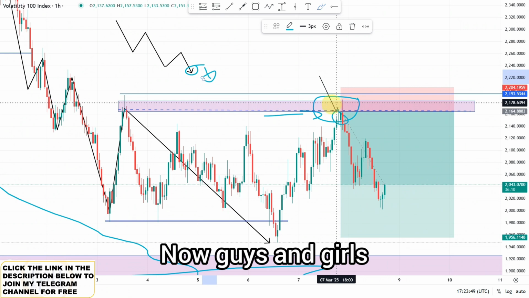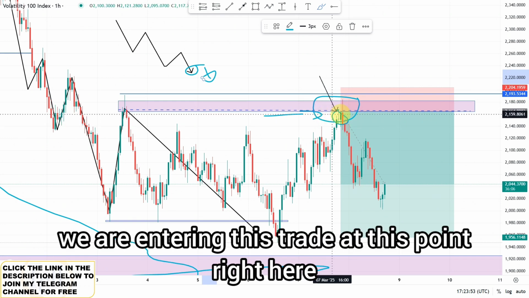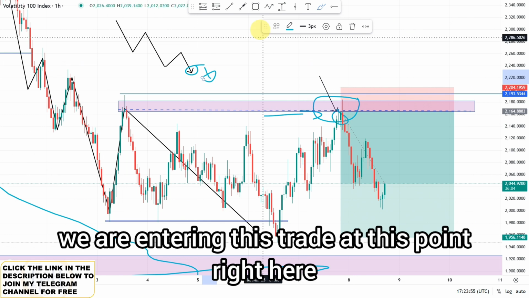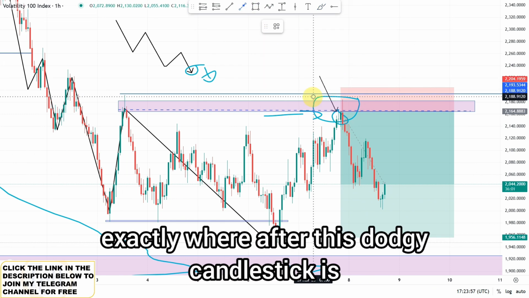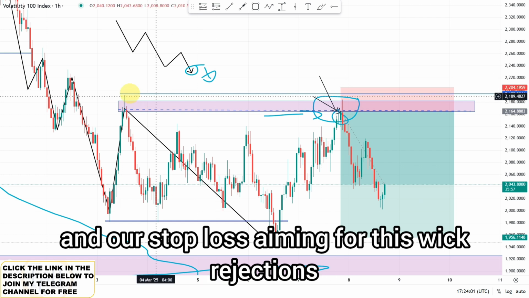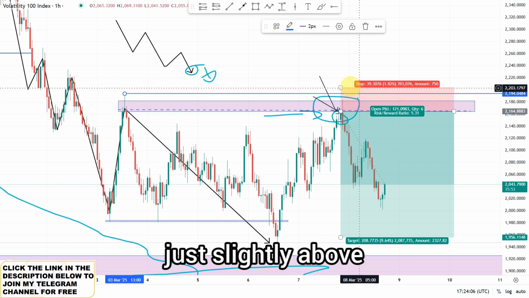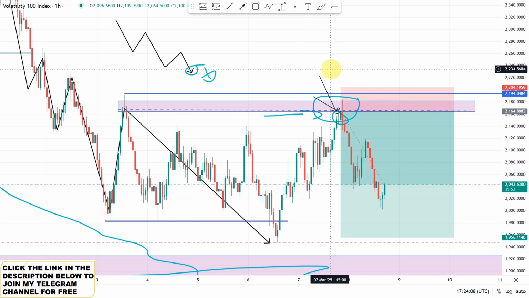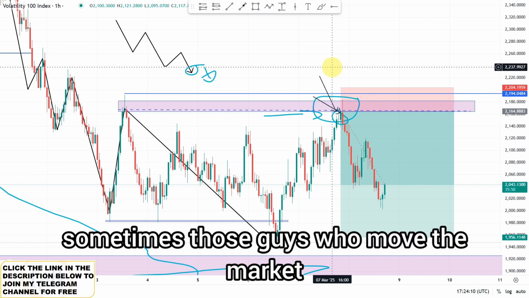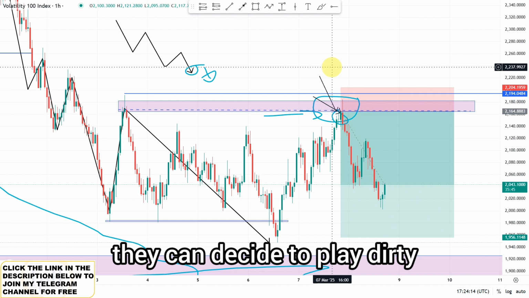Now, guys and girls, after getting our entry confirmation, we said, okay, we are entering this trade at this point right here, exactly after this doji candlestick, and our stop loss aiming for these weak rejections just slightly above, because in the market, sometimes those guys who move the market, the institutional traders, can decide to play dirty.